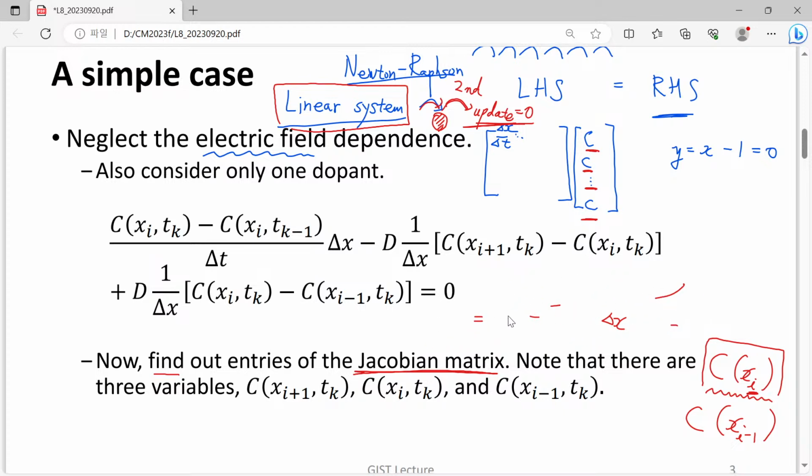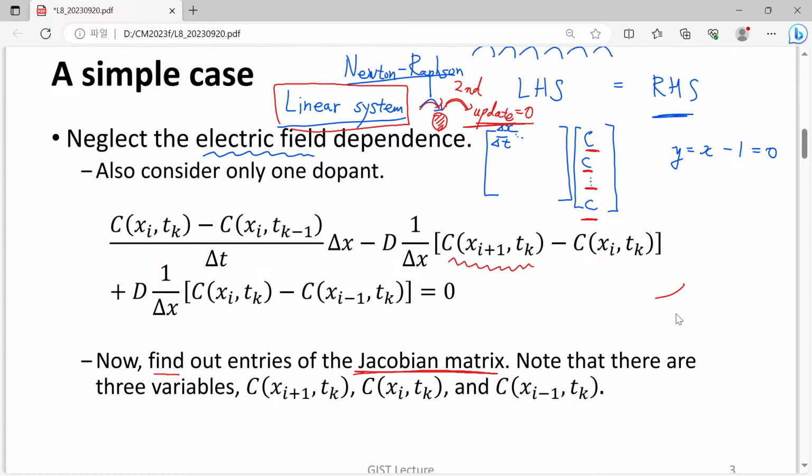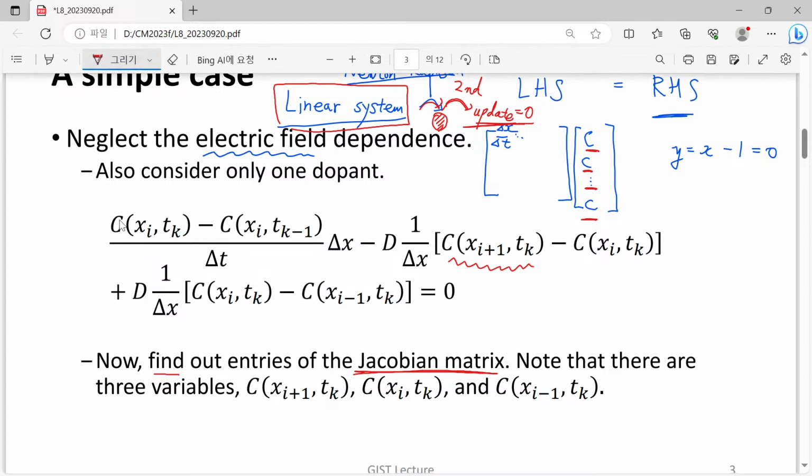So up to now, I made the partial derivative with respect to the c of x sub I. But how about the partial derivative with respect to c at x sub I plus 1? If we make the partial derivative with respect to this guy, then it is quite easy, because in this time derivative term we have nothing related with the concentration at x sub I plus 1, so this one entirely vanishing.